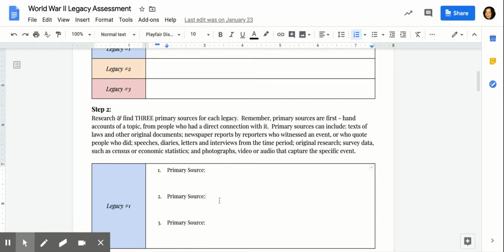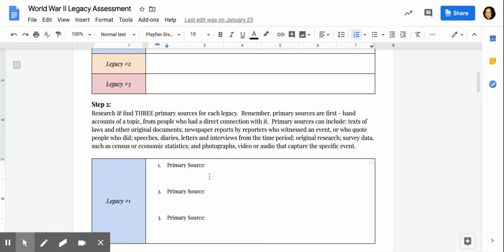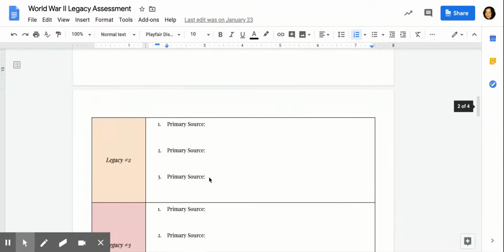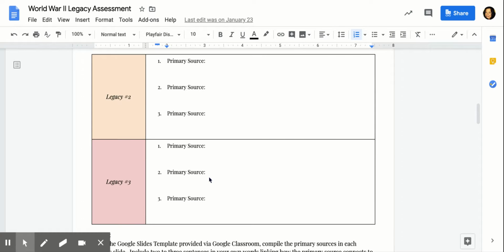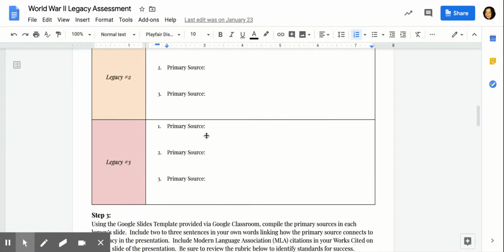Maybe for my second primary source, I'm going to put a soldier's journal entry. Maybe for the third one, I'll put another photo, or a speech or an interview, something that has to be a primary source. So for step two, I'm finding three primary sources for each legacy. Again, there are literally millions of different ways that you can go about this. That's what we're looking for here.